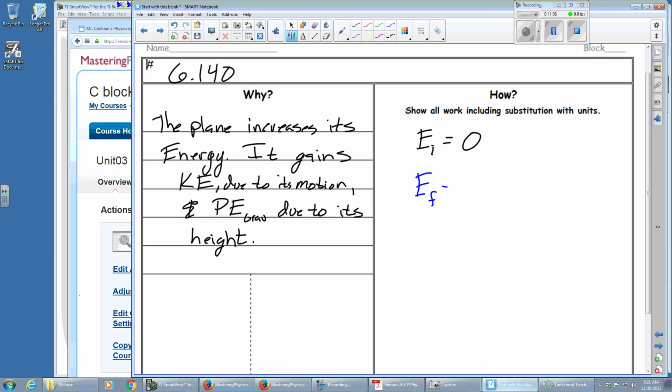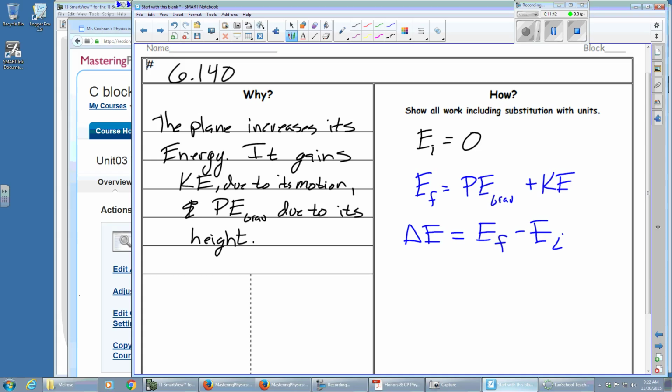The energy final is going to be a combination of its gravitational potential energy and its kinetic energy, just like we said. Potential energy, gravitational plus kinetic energy. And so the change in energy, as all changes are, would be energy final minus energy initial.